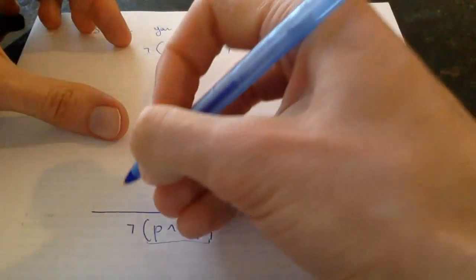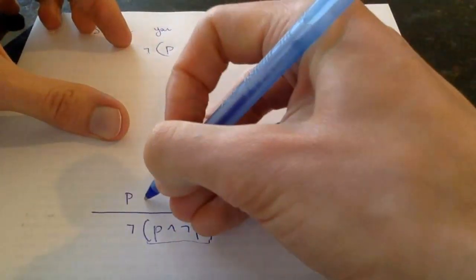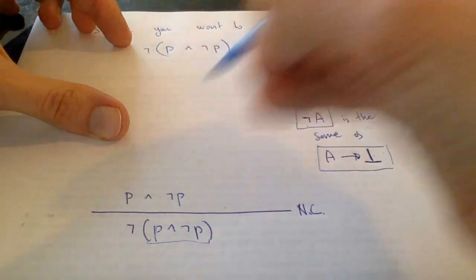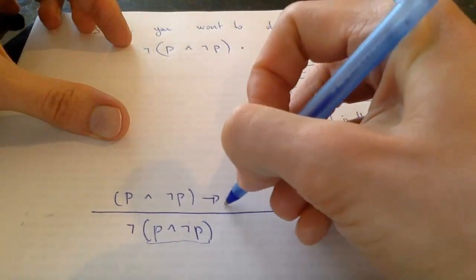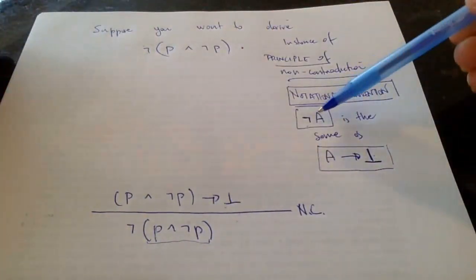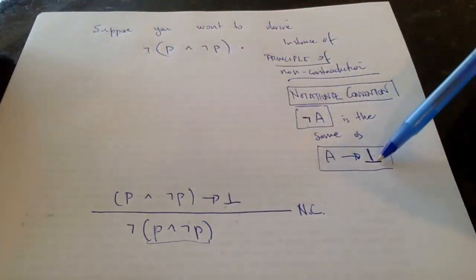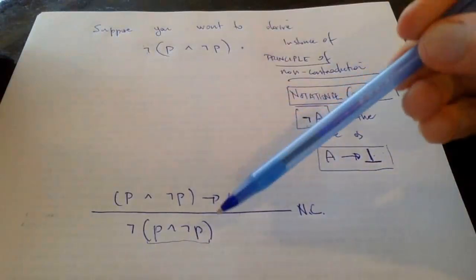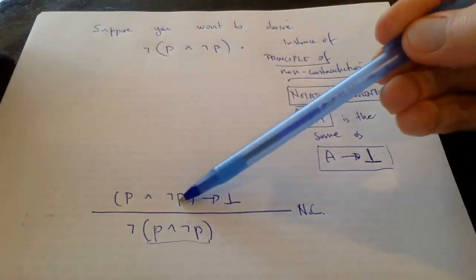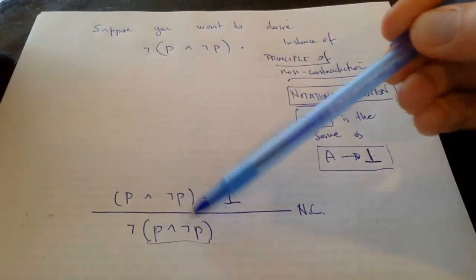So I can translate not A into A implies the contradiction. So this means that I can write P and not P implies the contradiction. So you see, I took my not A and I made it into A implies the contradiction. So this is just because of the notational convention. And you can go either way. So this is equivalent to this and this is equivalent to this.